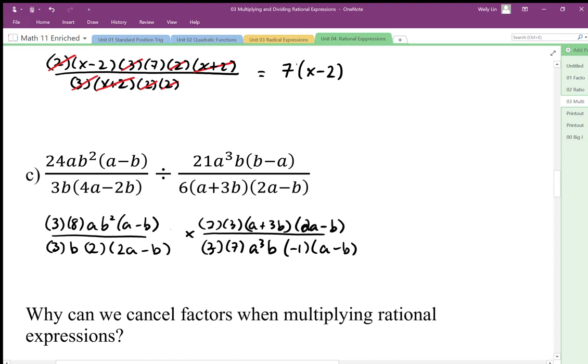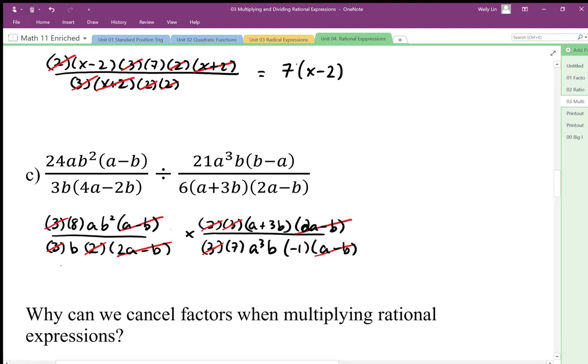Okay, so then I can start canceling out some factors. Times 3 divide 3. Times 3 divide 3. Looks like times 2 divide 2. The binomial factors cancel out here. I'm getting a lot of work here, so I'm just going to simplify this before I cancel again.